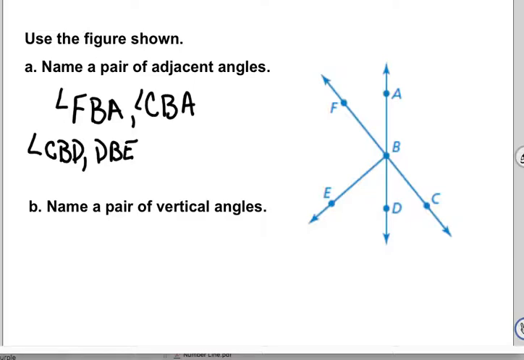Yeah. Angles CBD and DBE. What else? We've got to have some more there. Bryn. DBE and EBF. Yeah, DBE and angle EBF.